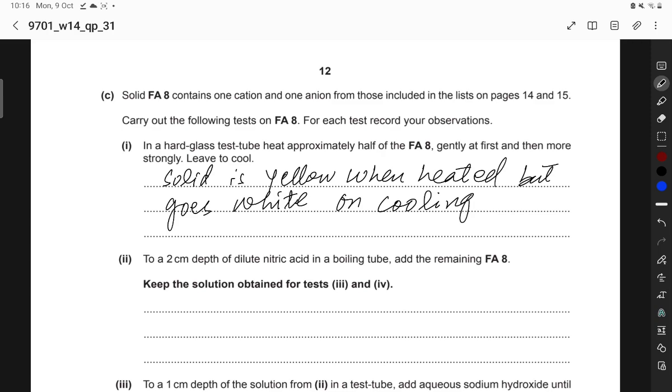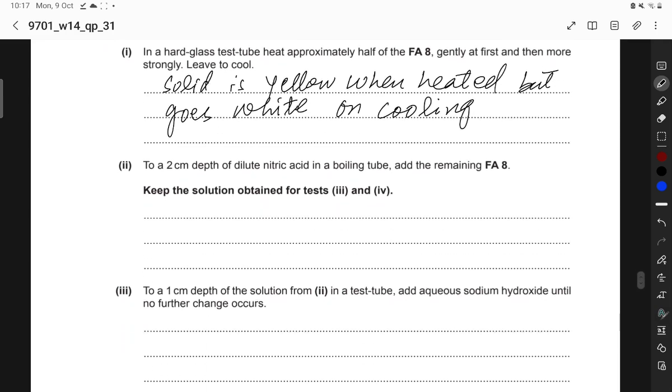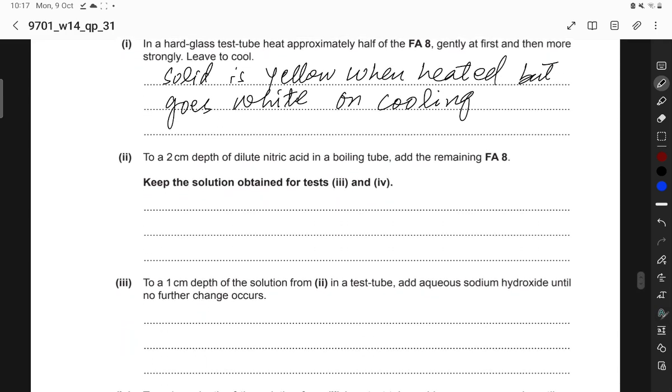To a 2 cm depth of dilute nitric acid in a boiling tube, add the remaining FA8. Keep the solution obtained for tests 3 and 4.